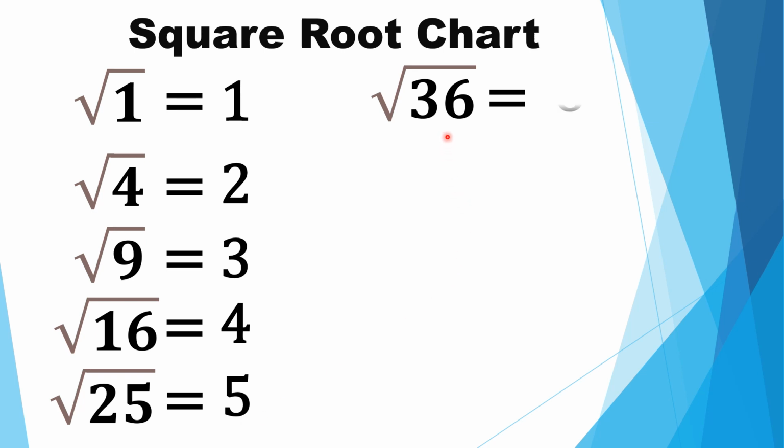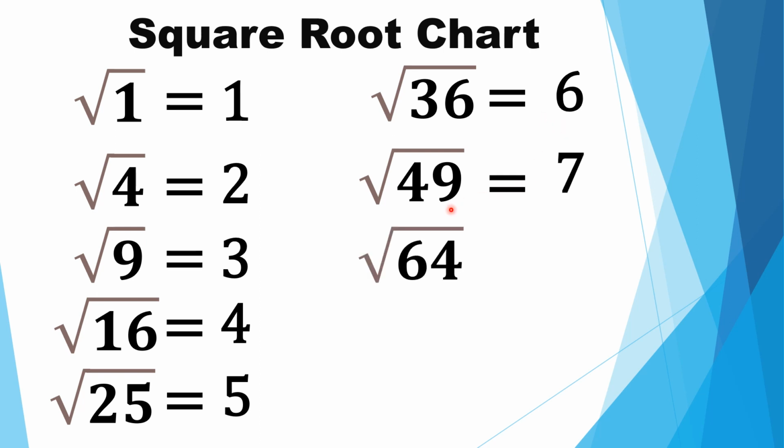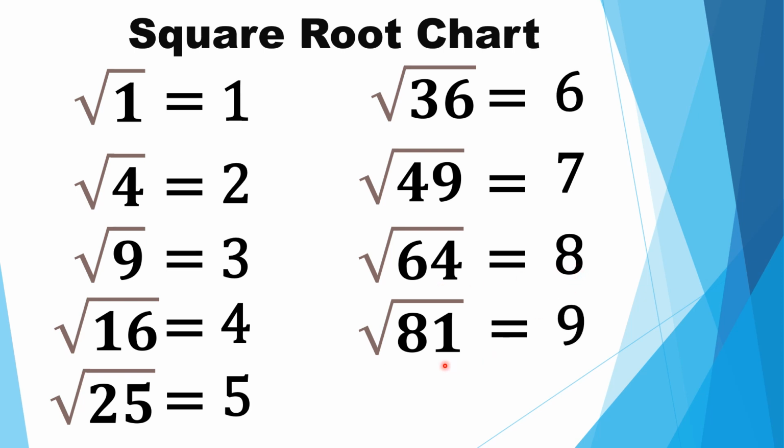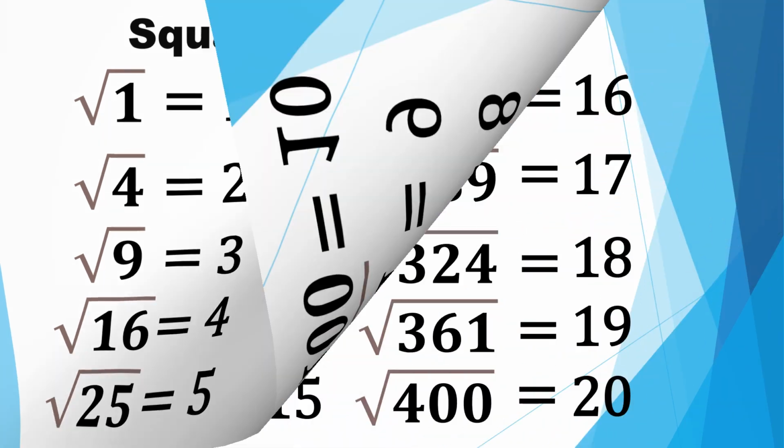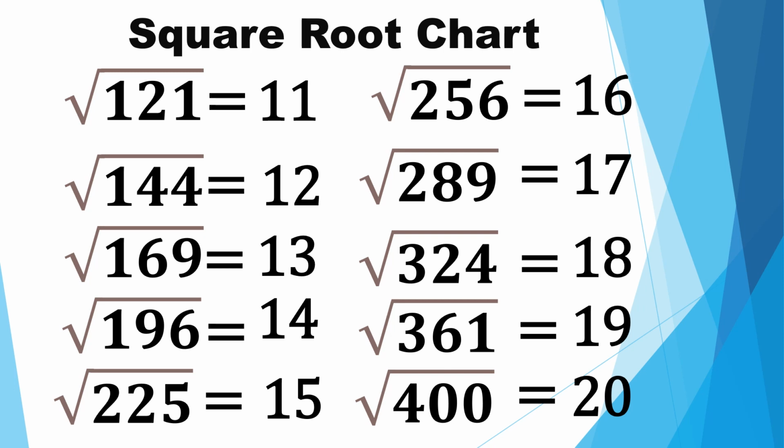Square root of 36 is equal to 6. Square root of 49 is equal to 7. Square root of 64 is equal to 8. Square root of 81 is equal to 9. Square root of 100 is equal to 10. We have also another set of square root chart.